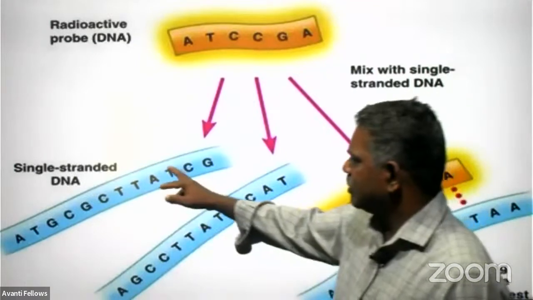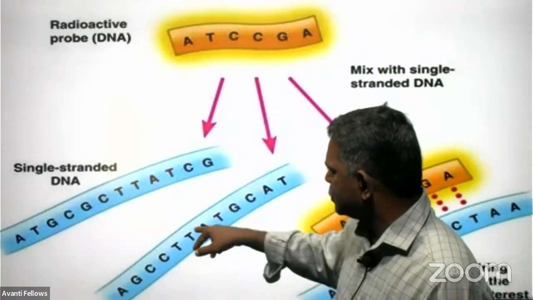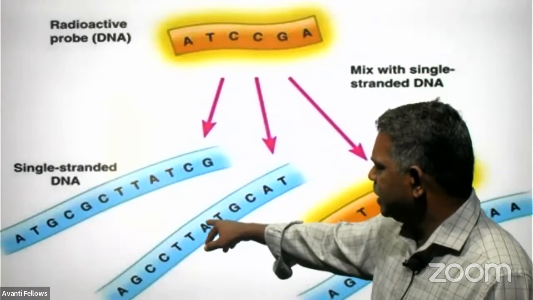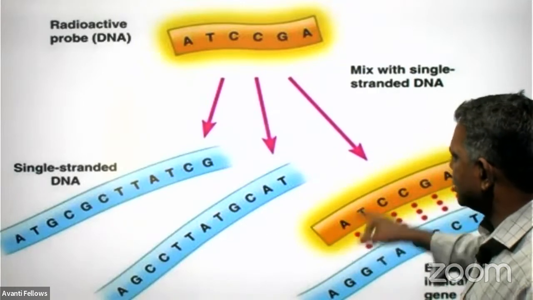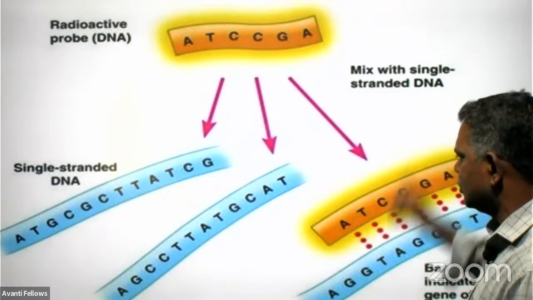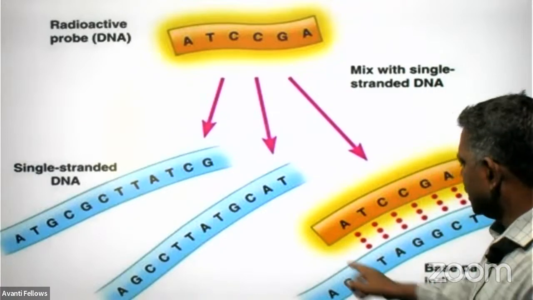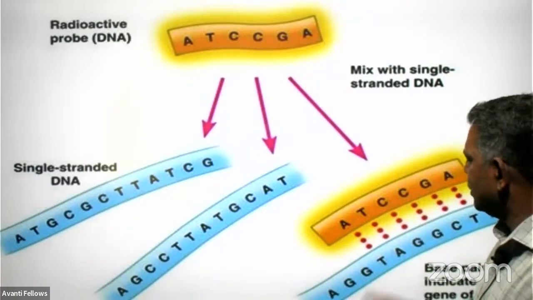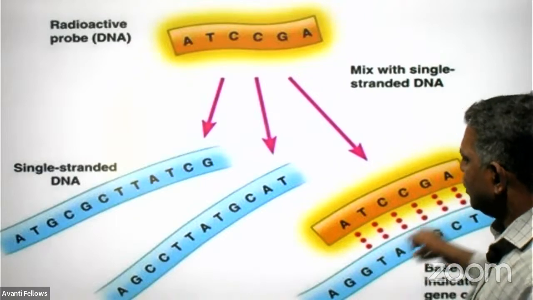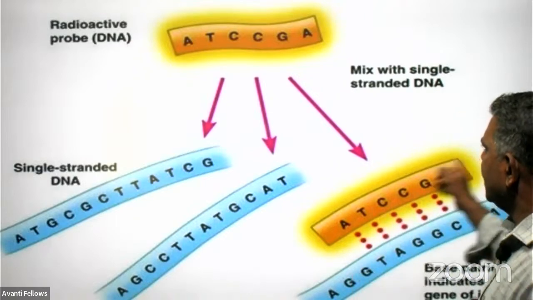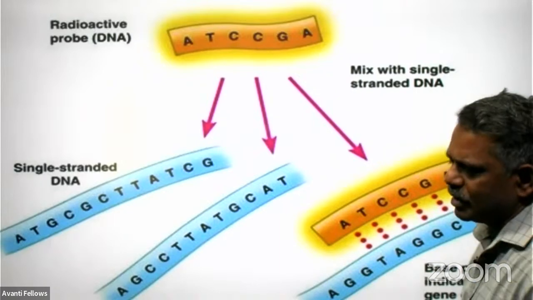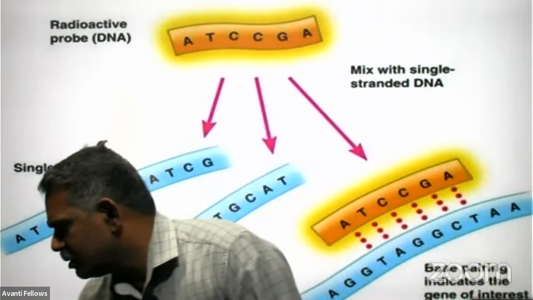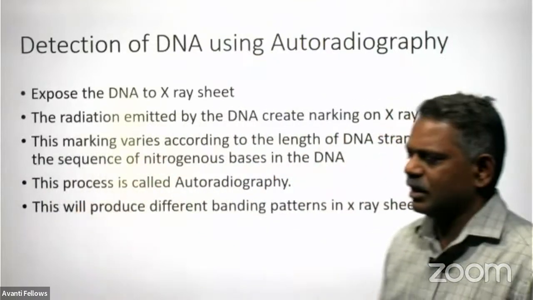The double-stranded DNA is converted into single-stranded, and this single-stranded DNA goes for hybridization, making a double strand with the help of the radioactive nucleotide, and produces a hybrid. Why is it called a hybrid? One strand is with non-radioactive nucleotides and the other with radioactive nucleotides only. And this is called the hybridization technique.